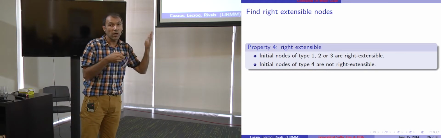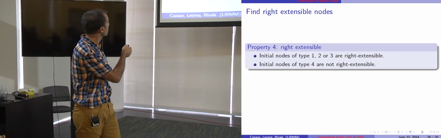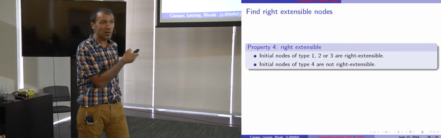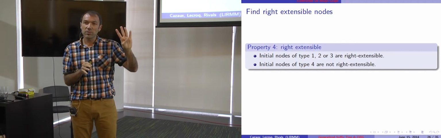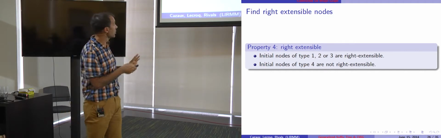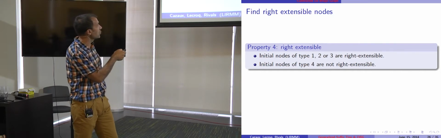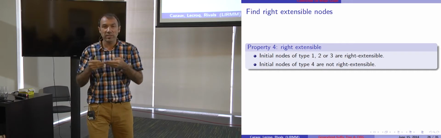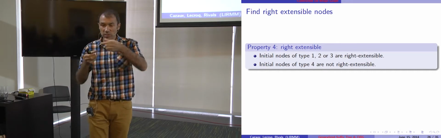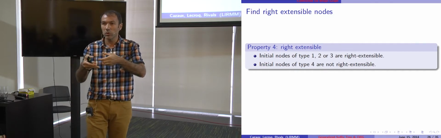Now we'll see how we can get this information. So, the initial nodes, the right extensibility. Can we find right extensibility? That's why we distinguished 4 types of edges in the computation I've shown you before. If you have type 1, type 2, type 3, if you remember, you only have 1 possible extension in the set of words. So this k-mer was always followed by the same letter in all occurrences.